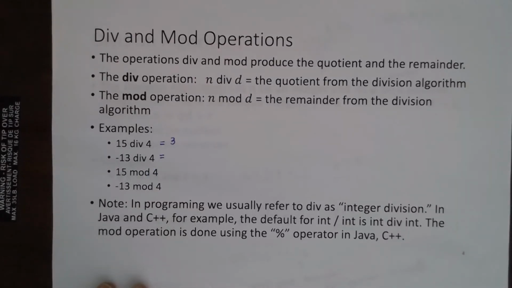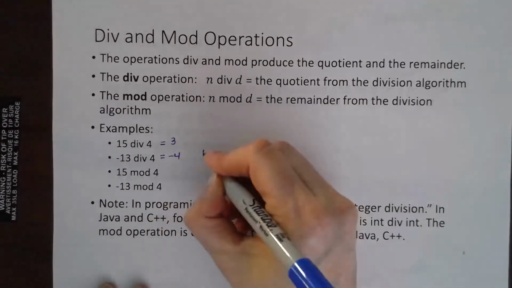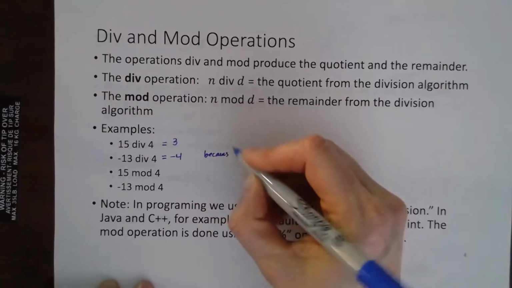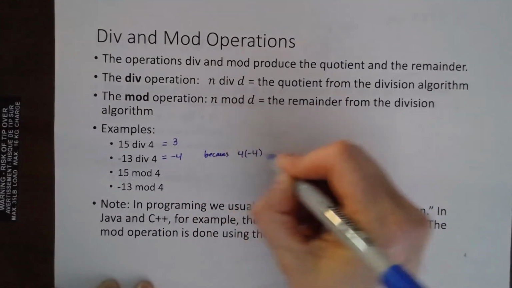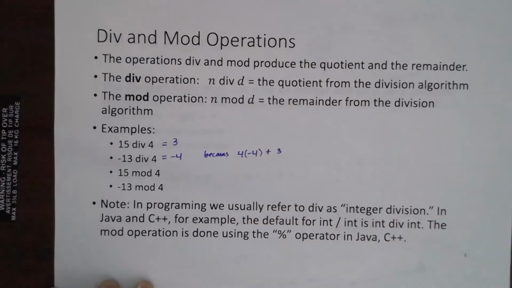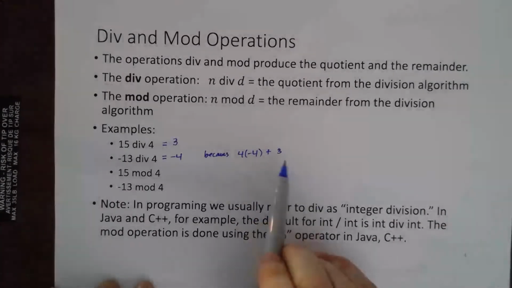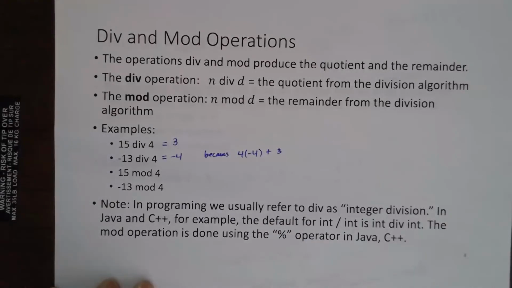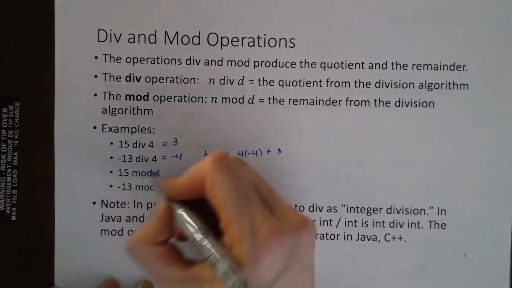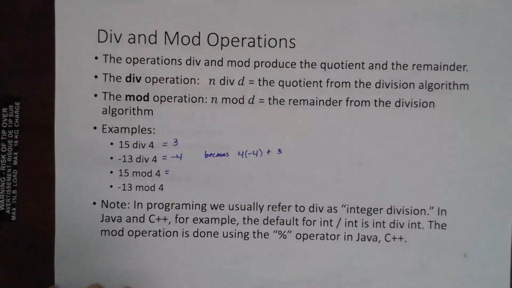I'd have to add a negative 1. That's not going to work. So it's not negative 3, it's going to be negative 4, because we're going to have 4 times negative 4 plus 3. You have to have a positive remainder there. So the negative ones are the tricky ones.